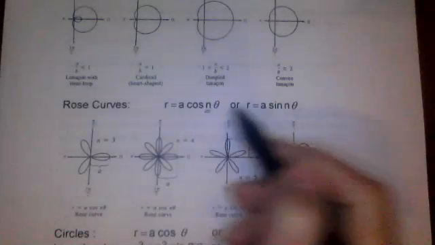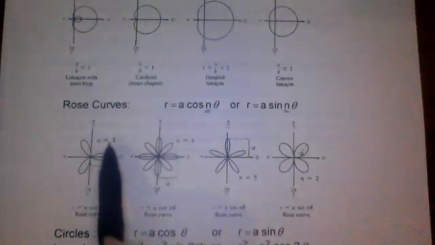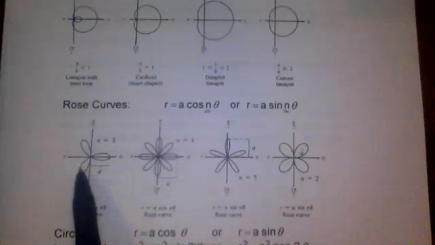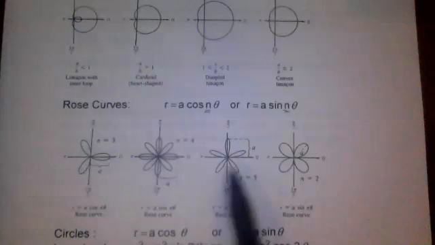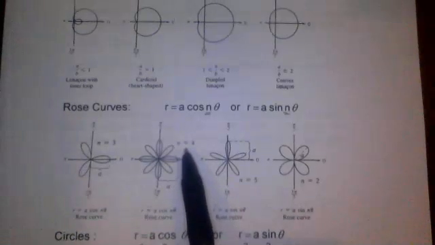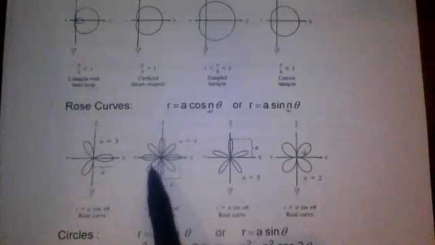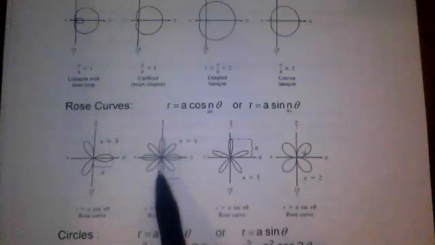n is just the value in front of your angle. And so if n is odd and you have a cosine graph, you're going to end up with an odd number of petals. If n is even, then those petals, there's still those same petals, but they double. It goes around one more time and you end up with more petals.